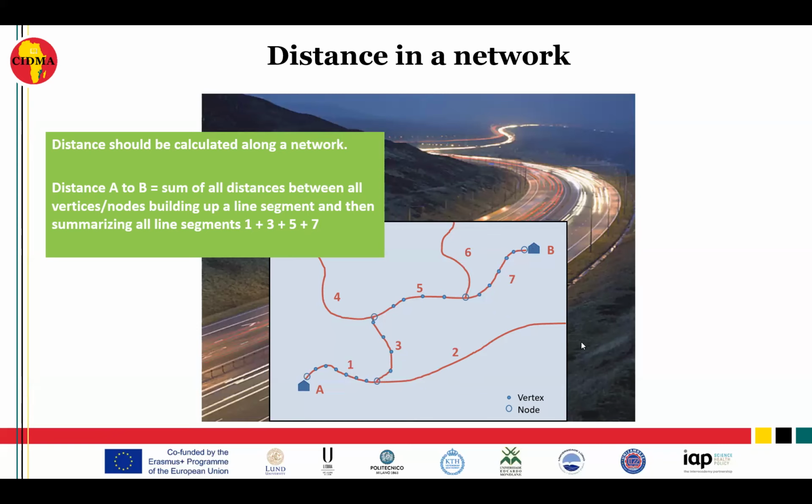We can see it, but the computer doesn't know it, so it will have to test all different possibilities.